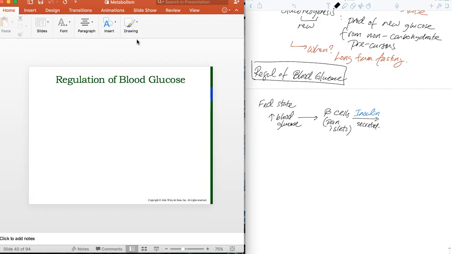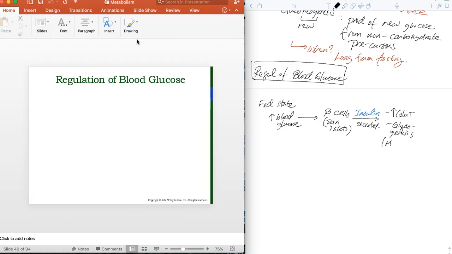And there's a couple of effects here. One is the increased expression of GLUT transporters. And then what will we do? Glycogenesis or glycogenolysis? You want to store it, right? So that'd be called glycogenesis. And that's going to happen especially in what effectors? What effectors will do a lot of glycogenesis?